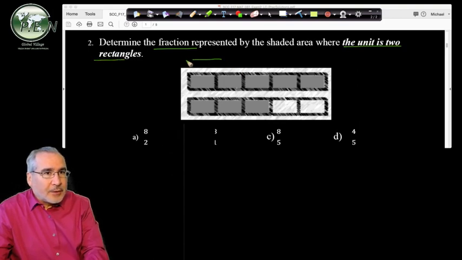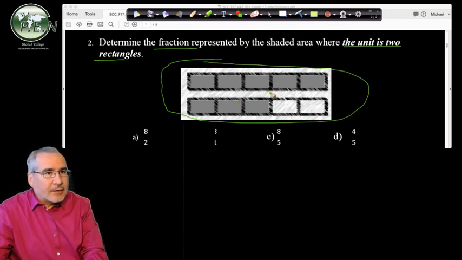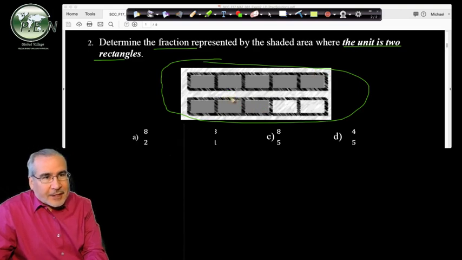So the whole is all of this. While it looks like two pieces, look at them as being joined. So this is a whole thing that's been divided into 1, 2, 3, 4, 5, 6, 7, 8, 9, 10 pieces. So there's 10 divisions. The whole has been cut into 10 pieces.